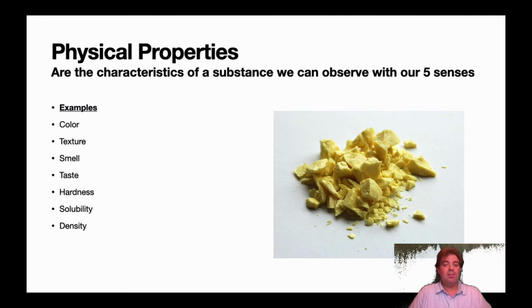In other words, it's a characteristic you can observe with one of your senses. The same goes for melting point and boiling point. You can clearly see when a substance melts and when it boils, something you can observe with your five senses. All of these can be used to identify the characteristics and properties of a particular substance.